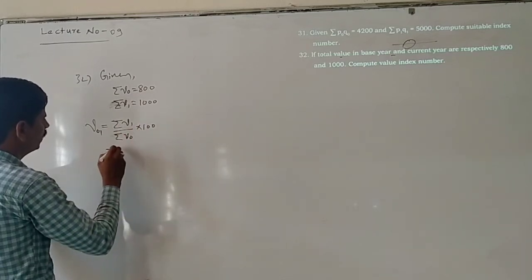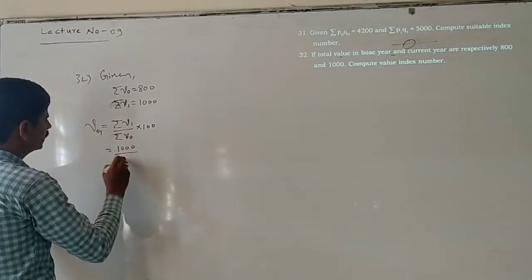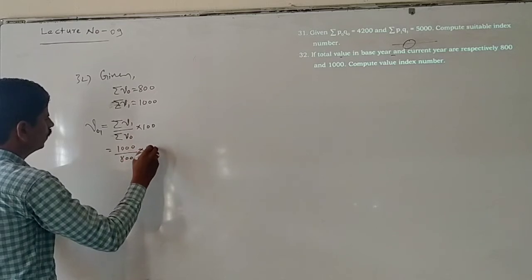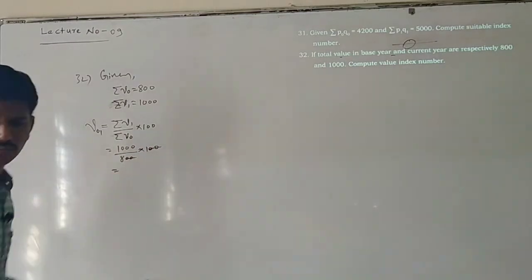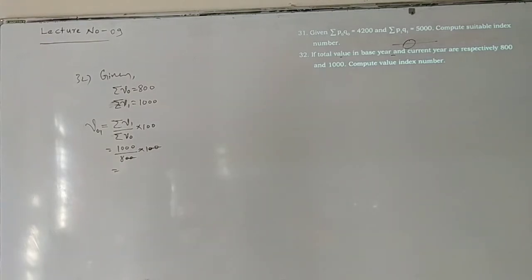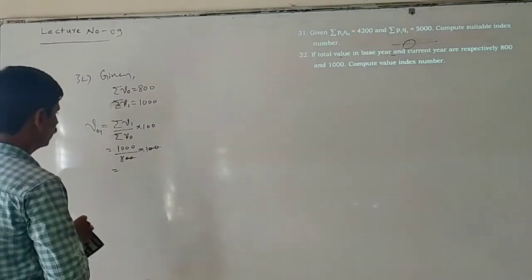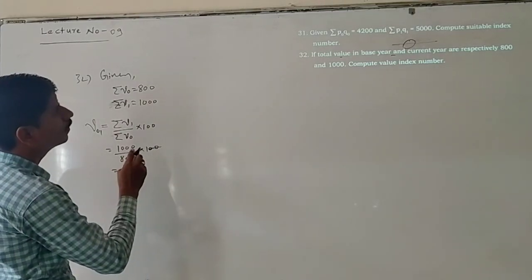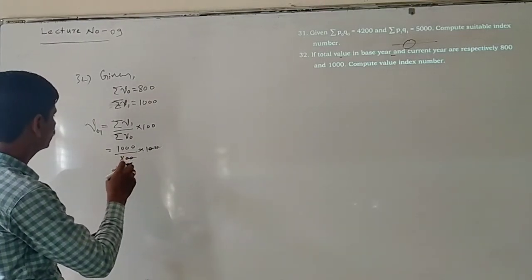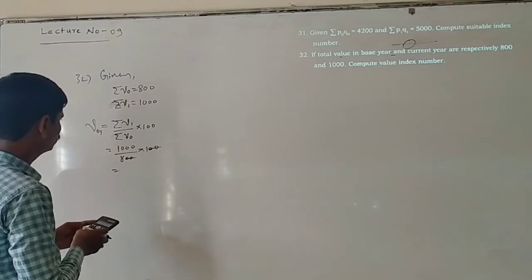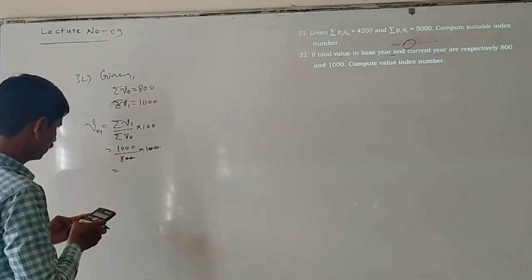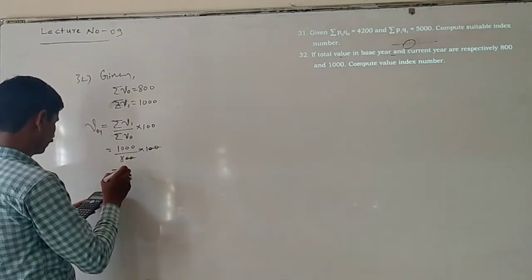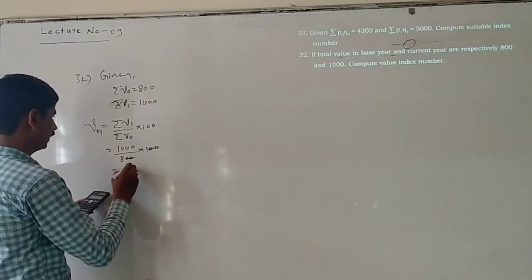That is sum of V1 is 1000 divided by sum of V0 is 800 into 100. Here 1000 by 8 is, the answer is 125.